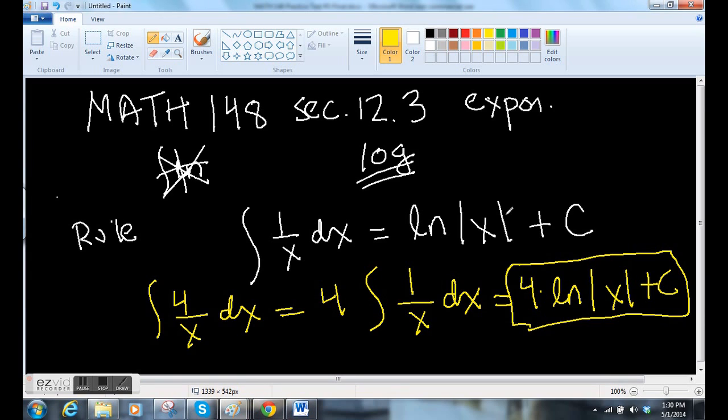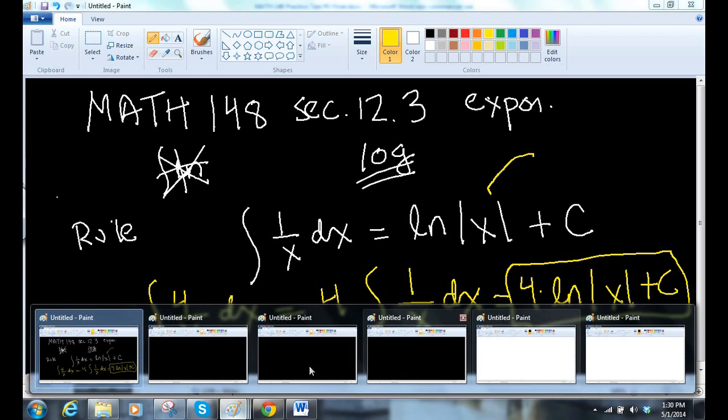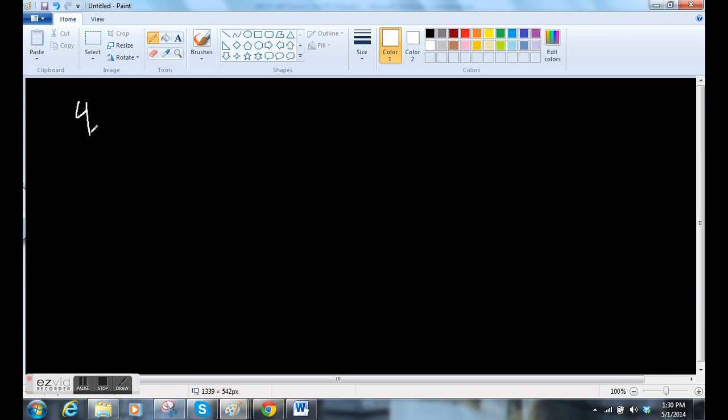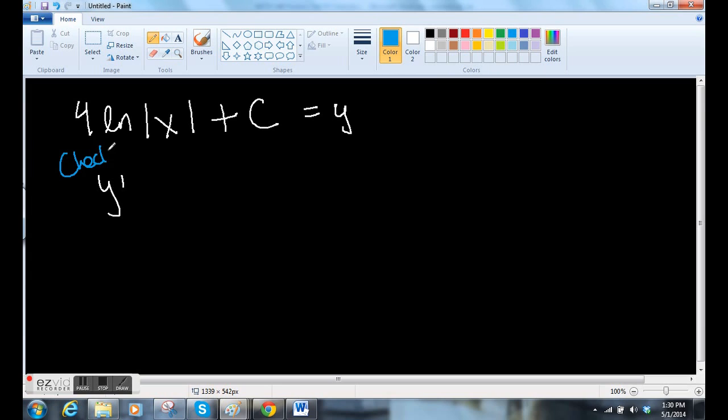And again, if you want to check this, suppose you got your answer of 4 natural log absolute value of x plus a constant, and you want to check it. That's equal to some function y, say. I'm going to take the derivative to check. You can always check with integrals. Check to make sure that the derivative equals the integral.